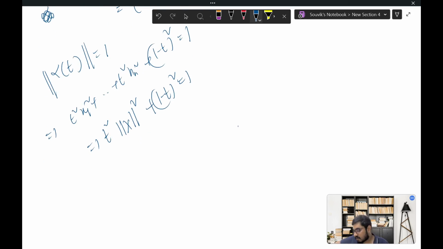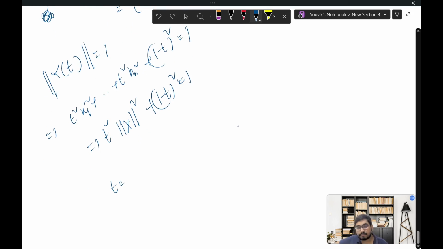Finally this calculation gives that t will be 2 by 1 plus norm x whole square.